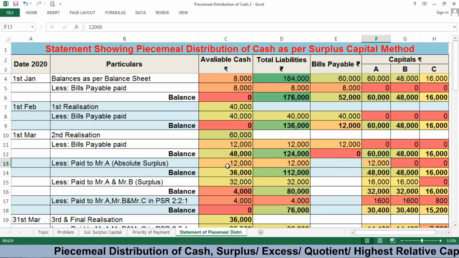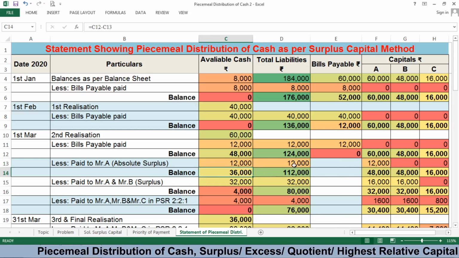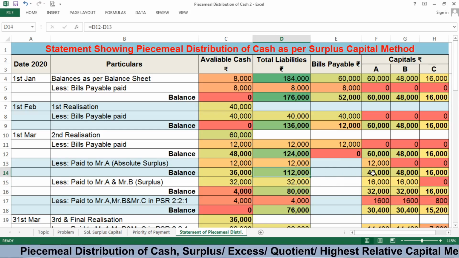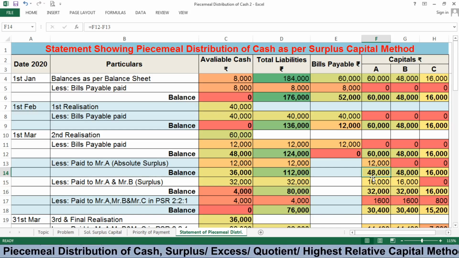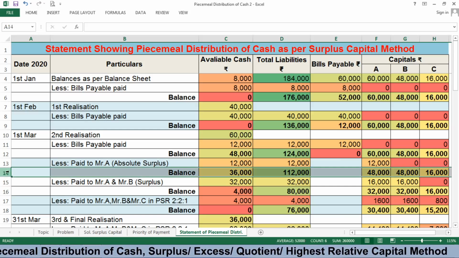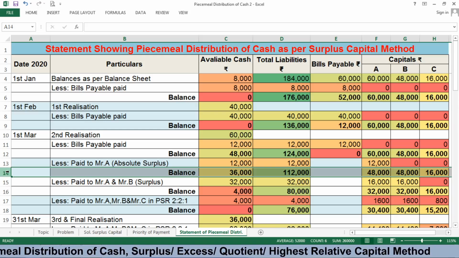So after the payment of 12,000, our cash in hand is 36,000. Total liability comes to 1,12,000, and Mr. A's capital will be reduced by 12,000, and it comes to 48,000. So this is our balance after the first payment, that is the absolute surplus payment.